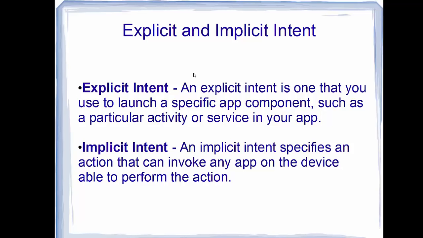So with explicit, you are able to invoke an activity within your app. And with implicit intent, you can invoke an activity or some component from the other app which is present in your device. So let's get started and see how we can use implicit and explicit intent in Android.